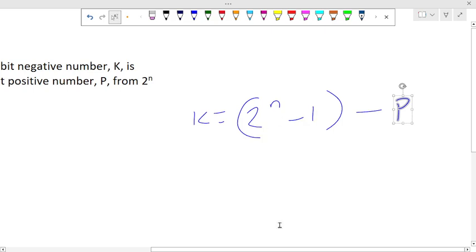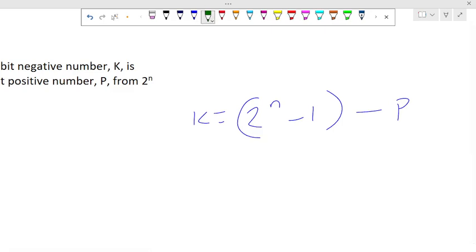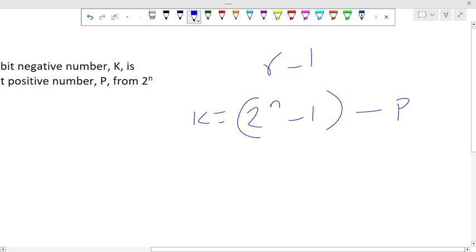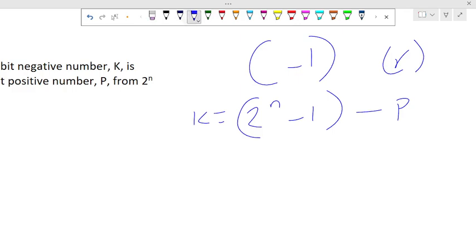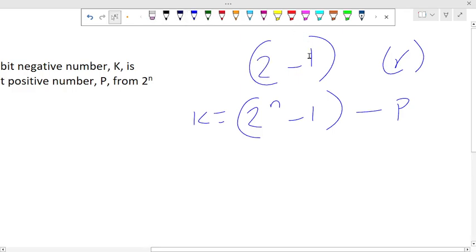I said in the previous video that R minus 1 is the diminished radix complement, and R is the radix complement. R is the base. In this case, we are saying 1's complement, because 2 minus 1 is 1.